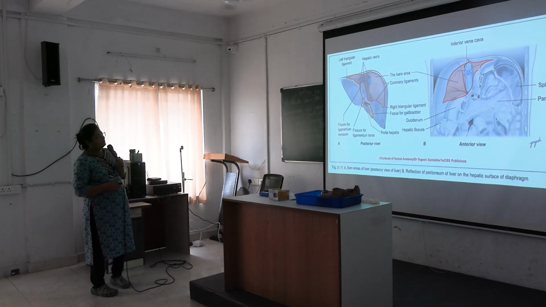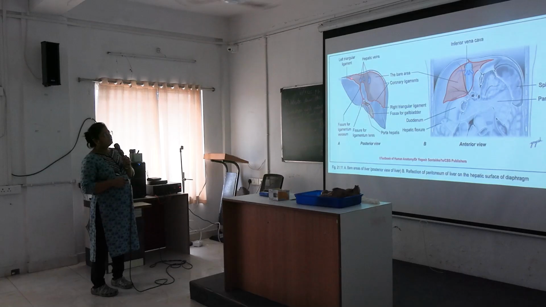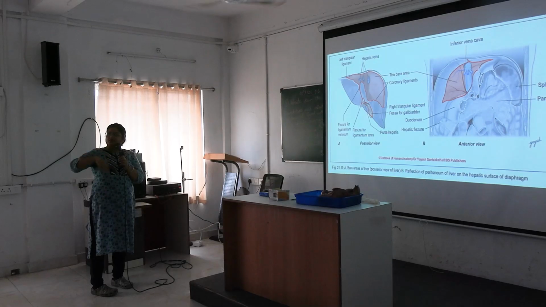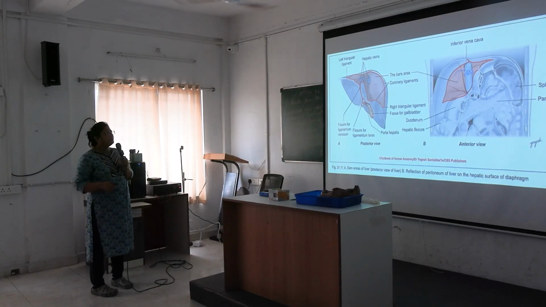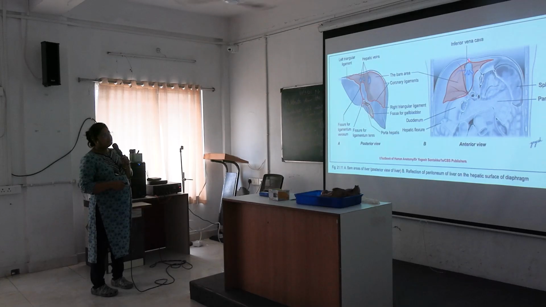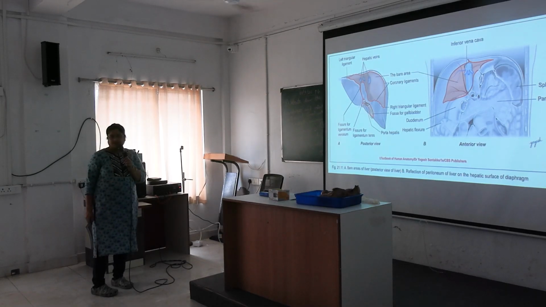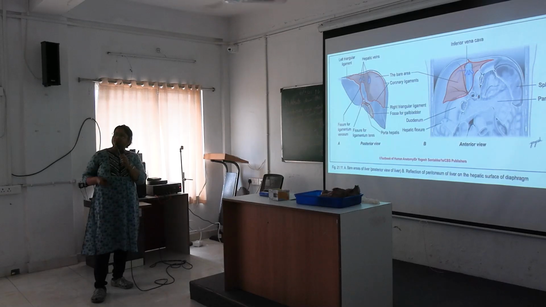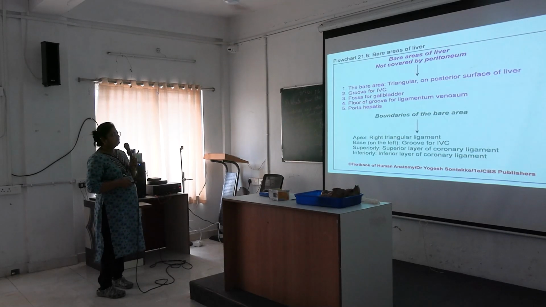Here you can see the tributaries: right, left and middle hepatic veins. There are 6 veins, superior group and inferior group. The hepatic veins drain directly into the inferior vena cava, and this draining of veins keeps the liver in position.